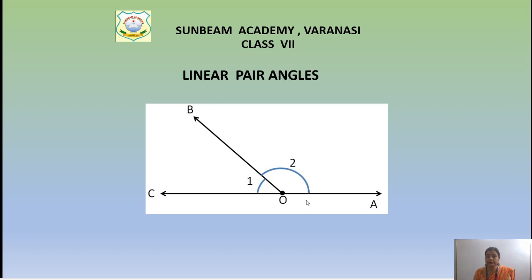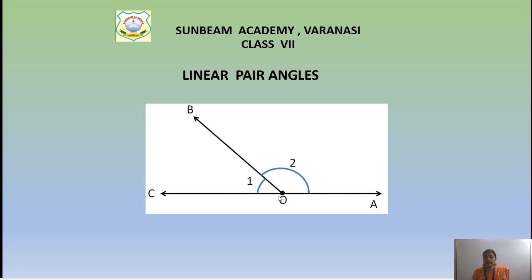Angle 1 and angle 2 have a common vertex, that is O. They also have a common arm, its name is OB. This is the common arm, children, OB. And the non-common arms, OC and OA, are opposite rays.